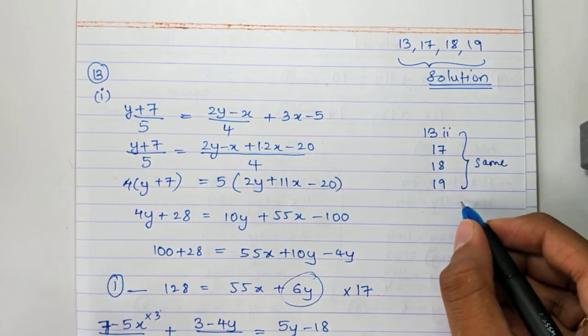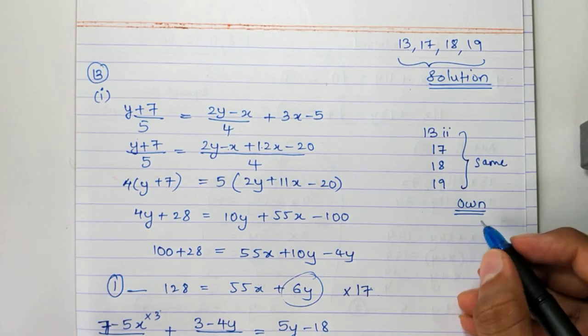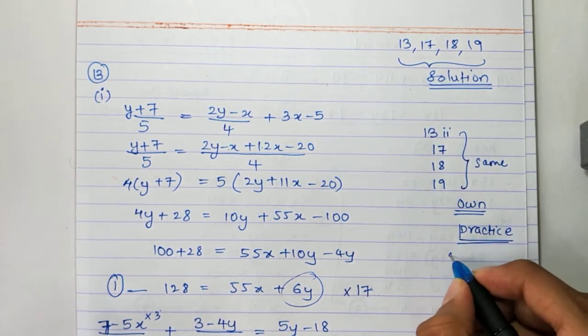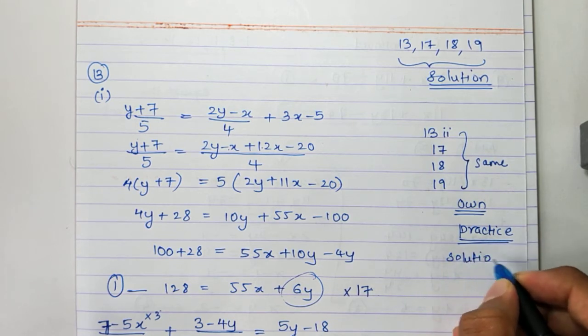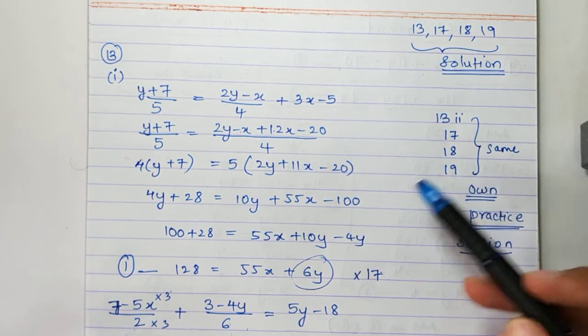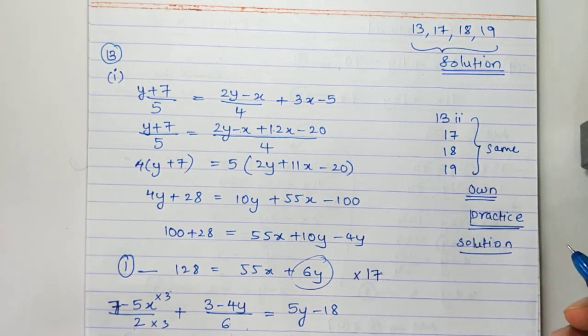Okay, so I want you to do these sums on your own. It's practice. Okay, I will send you the solution also. Along with the video, I will send you a solution of these sums, because if there is a sign mistake somewhere or you get stuck on a particular step, you can look up the solution for the answer.